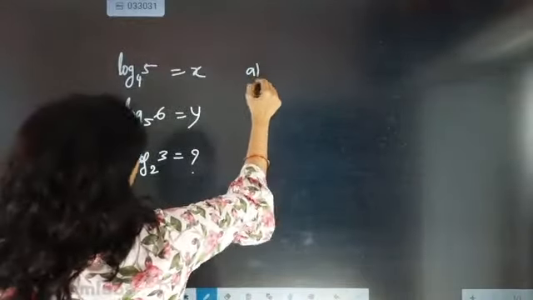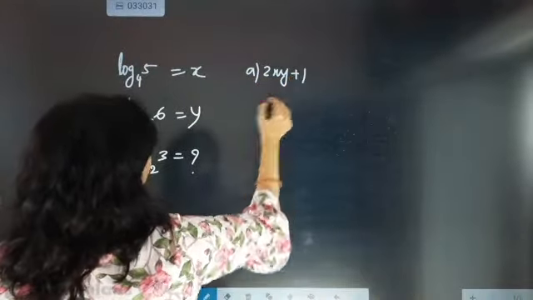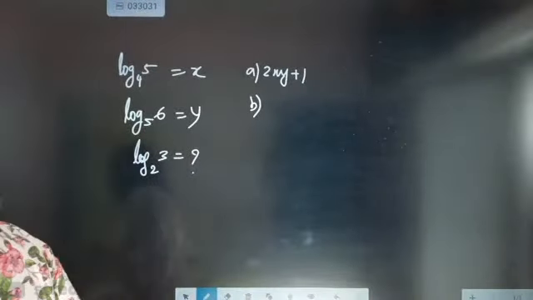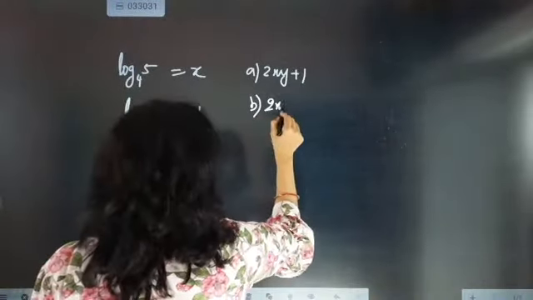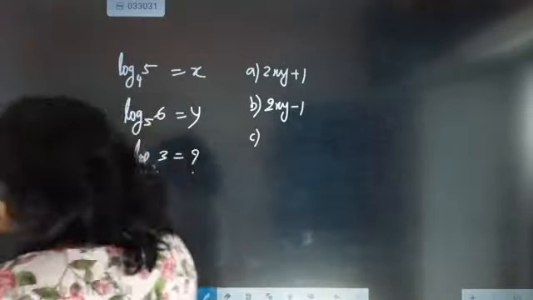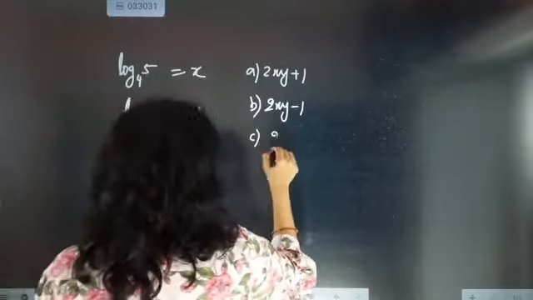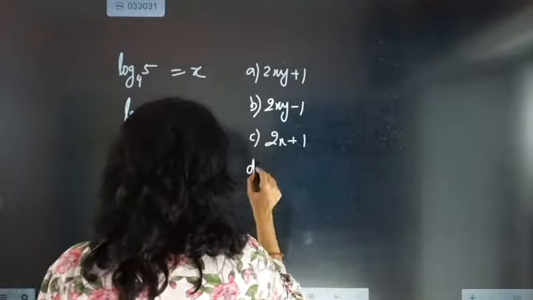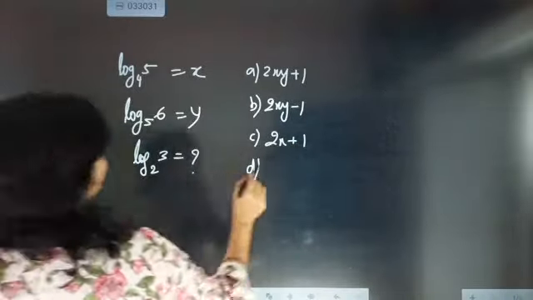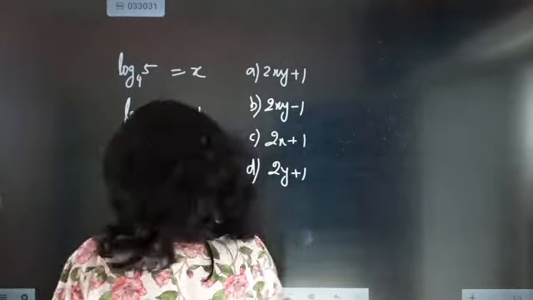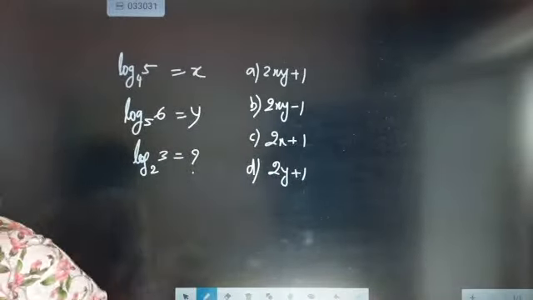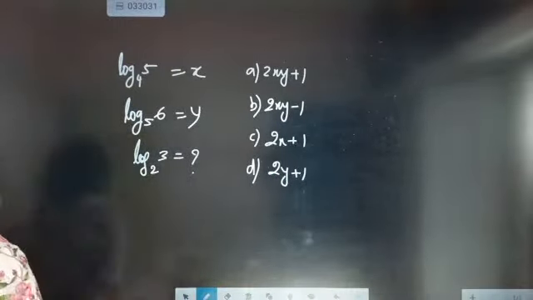Your options are: 2xy plus 1; 2xy minus 1; 2x plus 1; and the fourth option is 2y plus 1. Come on, solve this question out. Let's see which answer you are exactly going to get.